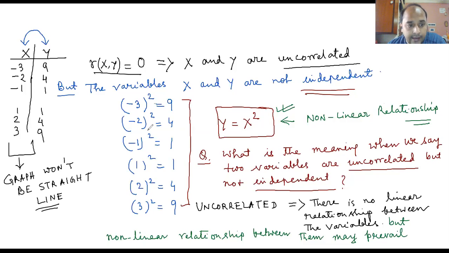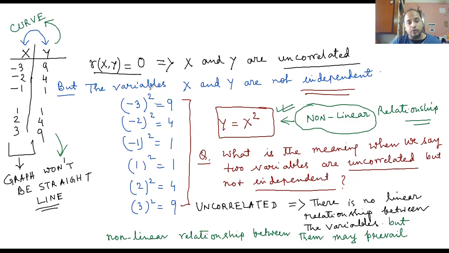And what do we mean by non-linearity? Non-linearity in the relationship means that if we plot the two figures on the graph paper, the result will be a curve and not a straight line.